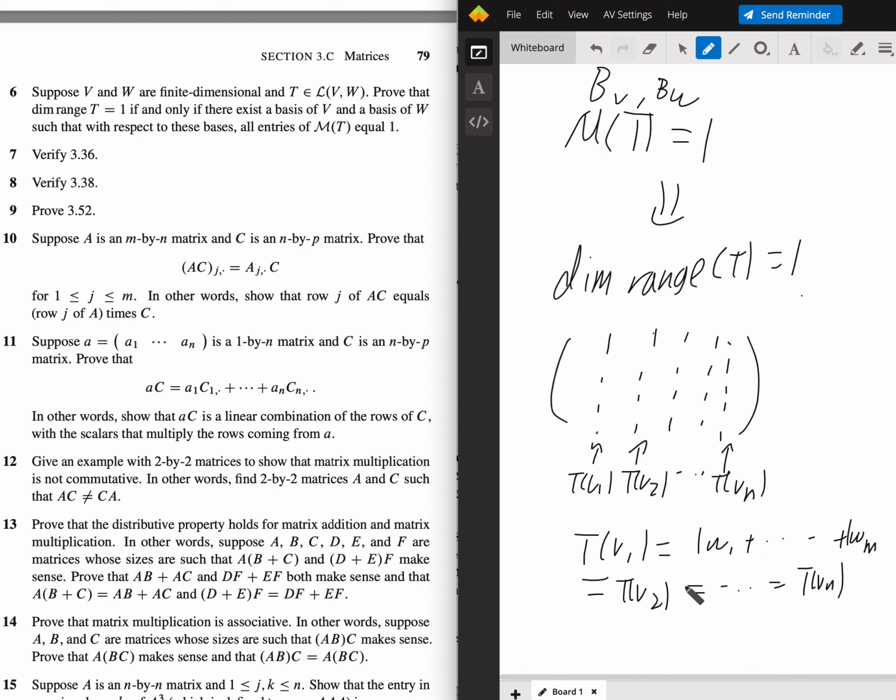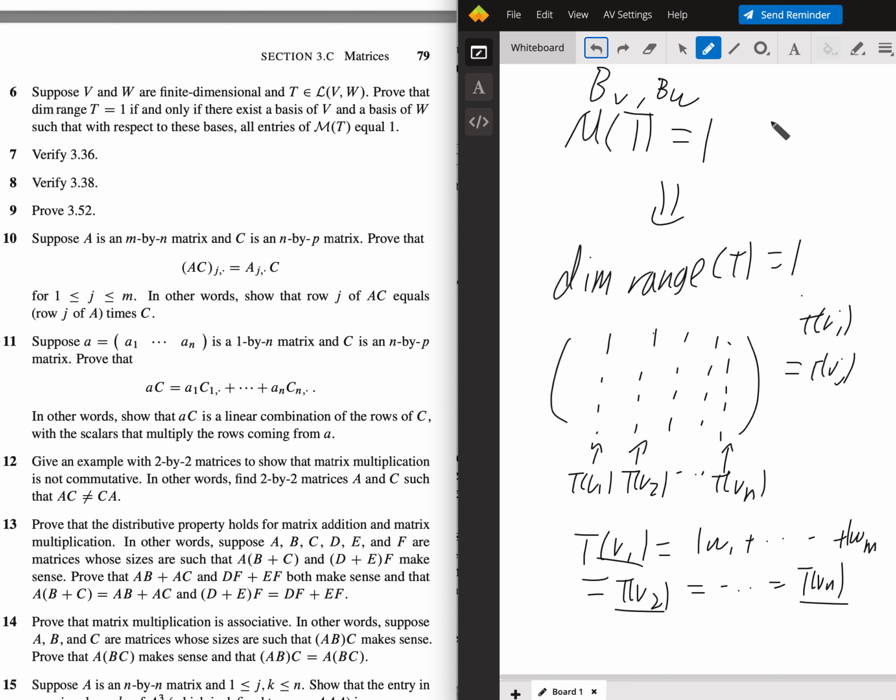And then what you have here is that Tb1 is equal to Tb2 is equal to Tbn. And so Tbi is equal to Tbj for arbitrary i, j between 1 and n, and so on. So it's pretty clearly mapped to the same dimension because in fact they map to the same value.